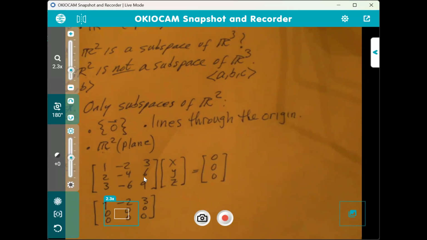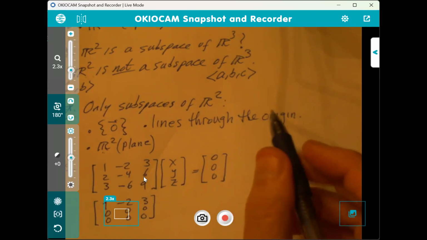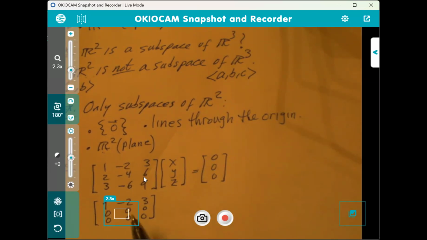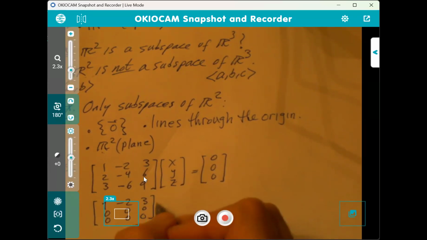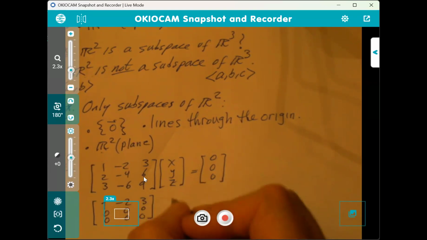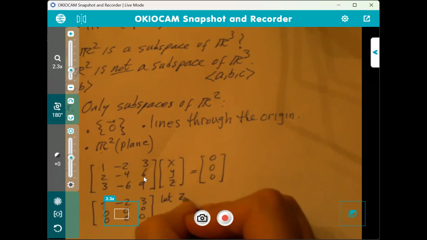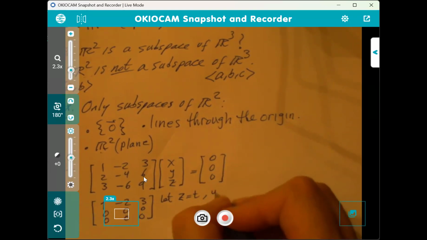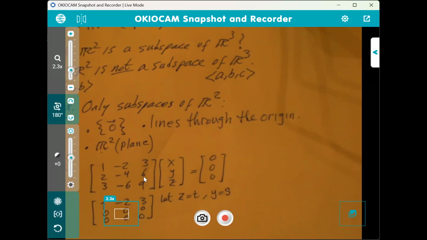Now, what would the solution look like? Remember, this is equal to 0, 0, 0 here, right? So my free variables are y and z, correct? x is in terms of my free variables. So I'm going to let z be t, let y be s, just like the one you did on the exam.